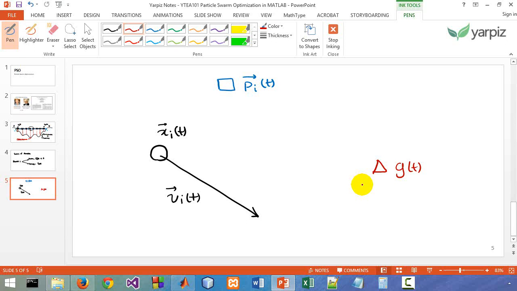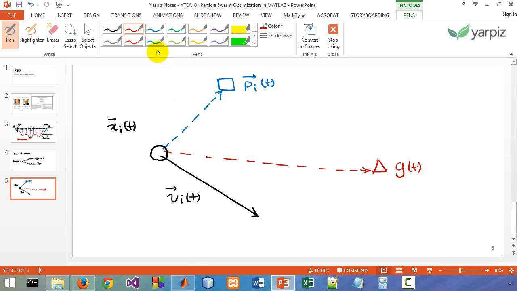The mathematical model of PSO is very, very simple. By defining these concepts, on every iteration of PSO, the position and velocity of every particle is updated according to this simple mechanism. Let's define a vector from the current position to the personal best. This is the vector from x to p, and a vector which connects the current position to the global best.